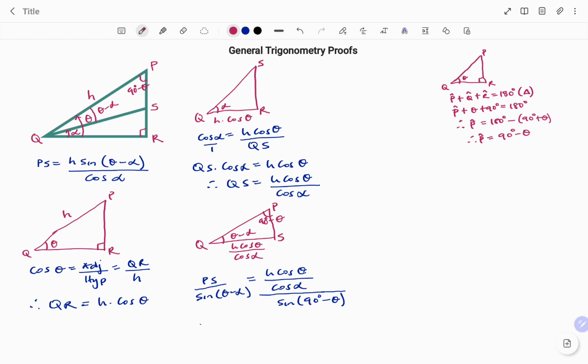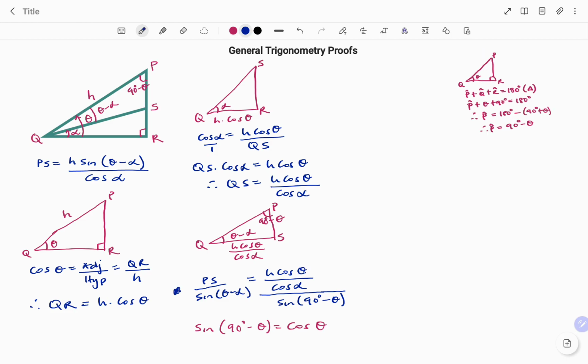Note that sine 90 degrees minus theta is the same as cos theta. Therefore, rewriting the equation I have here, I have PS divided by sine theta minus alpha equals h cos theta over cos alpha times, I change my division sign to multiplication and I flip my denominator, which is my cos theta.